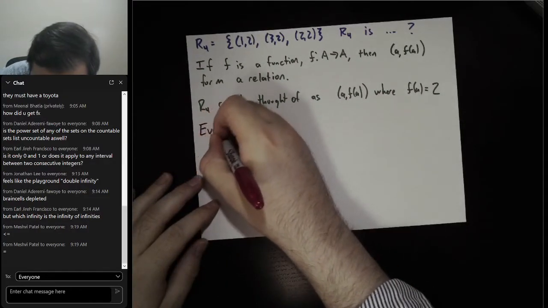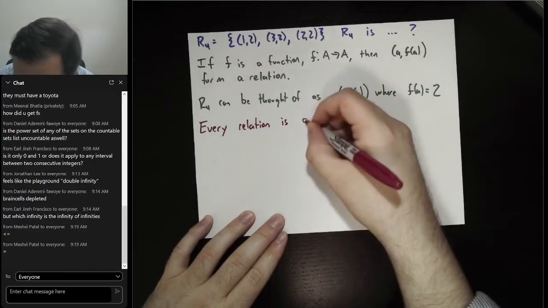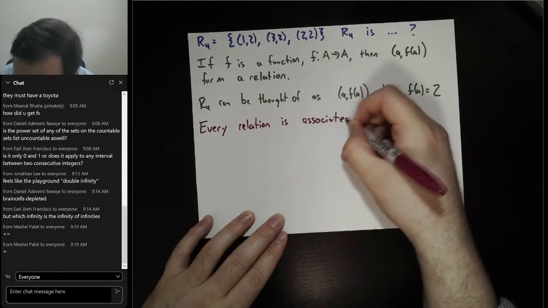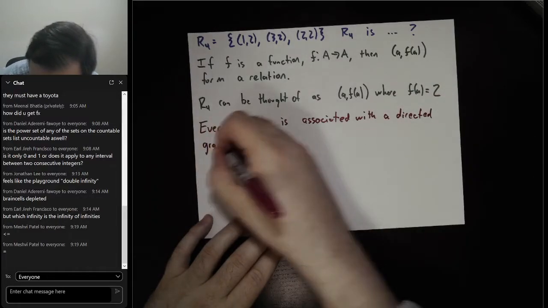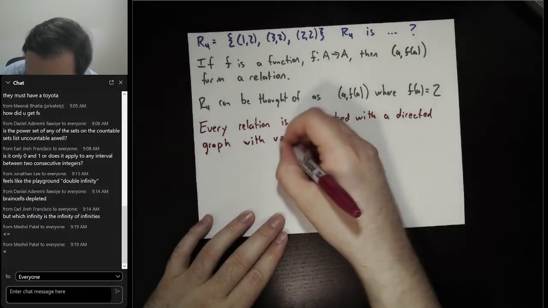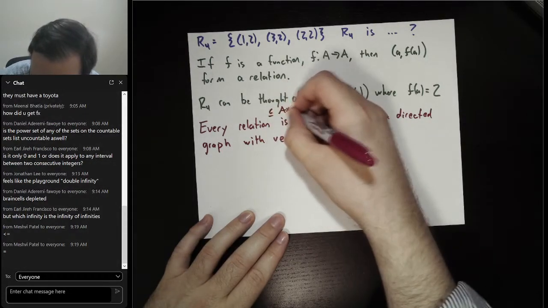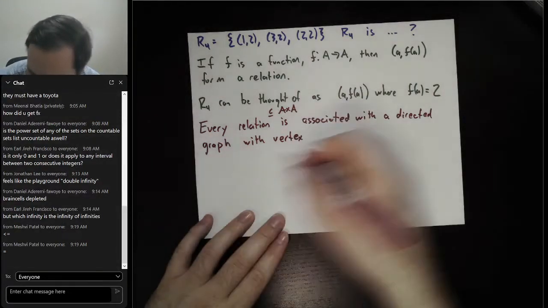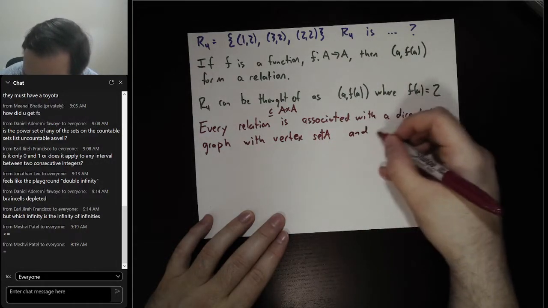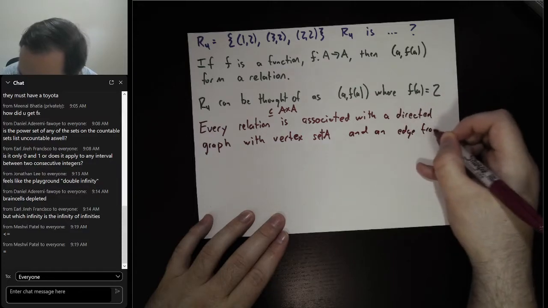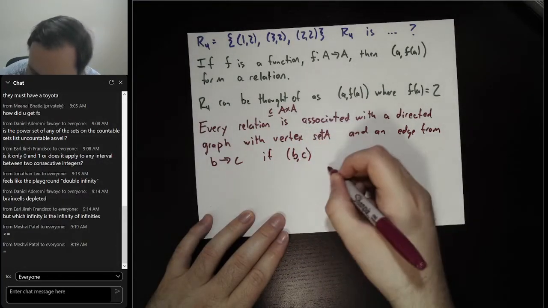Every relation is associated with a directed graph with vertex set A. So every relation that's a subset of A cross A is associated with a directed graph with vertex set A and an edge from B to C if (B, C) is in the relation.